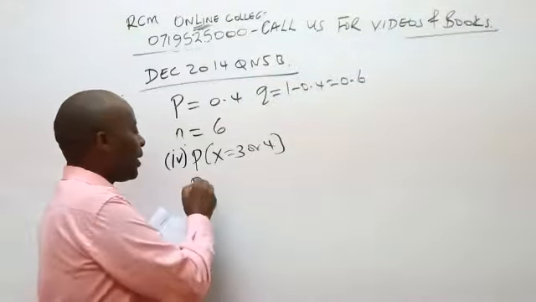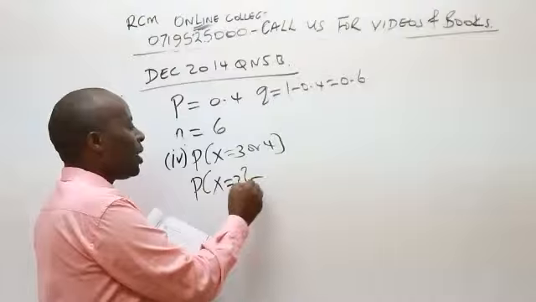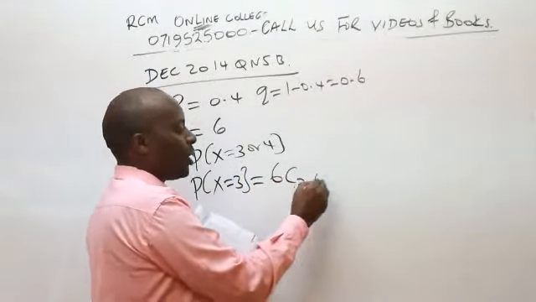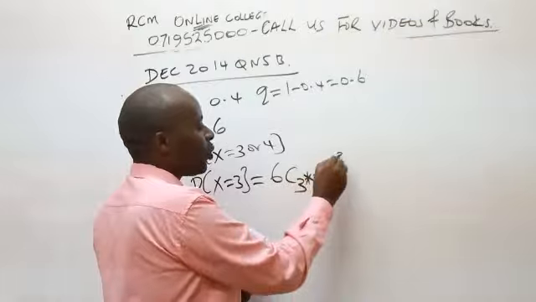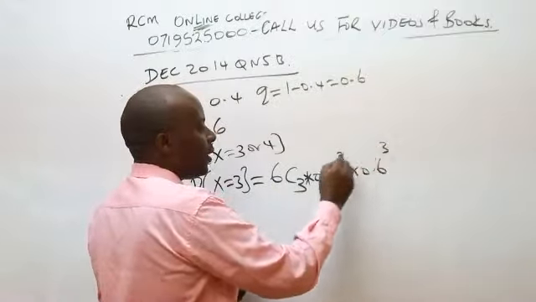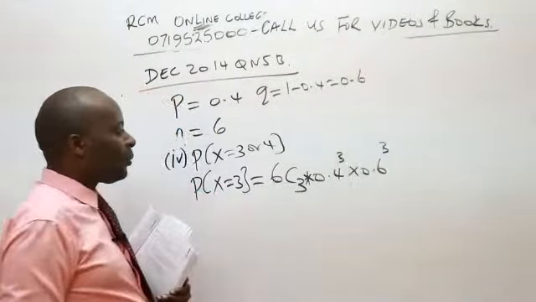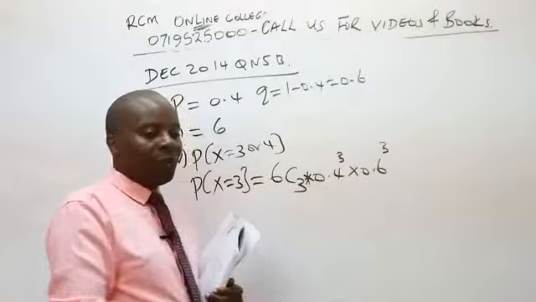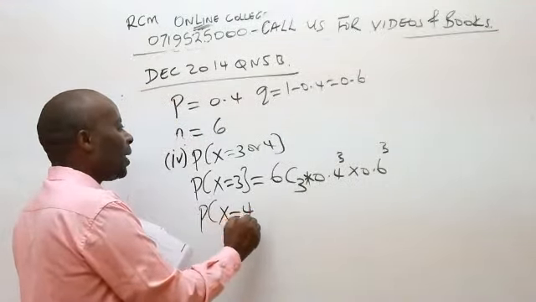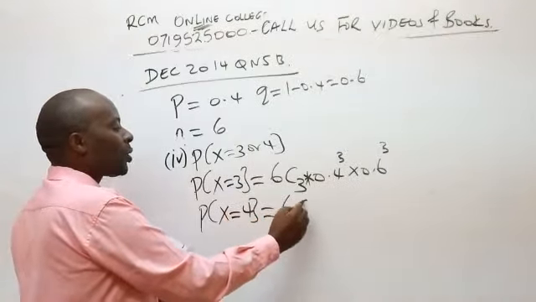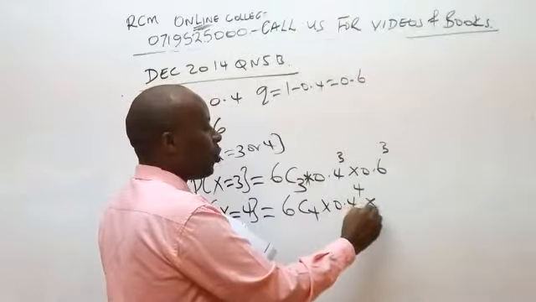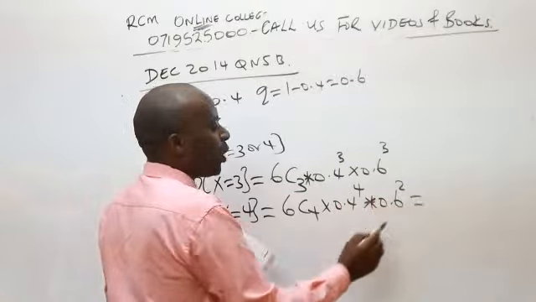So probability of X equal to 3 will be n, which is still 6, combination 3 times 0.4 raised to 3 times 0.6 raised to the balancing figure. Given that the two powers must add up to 6, the balancing power will be 3. And then probability of X being equal to 4 will be 6 combinations 4 times 0.4 raised to 4 times 0.6 raised to 2.